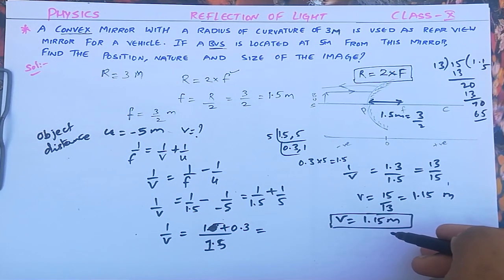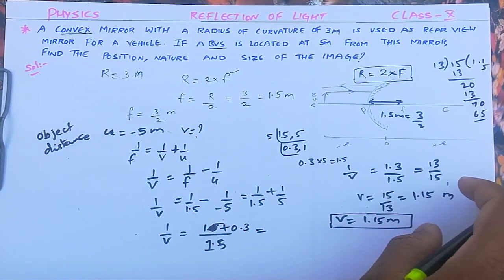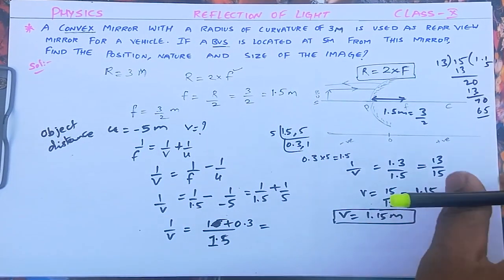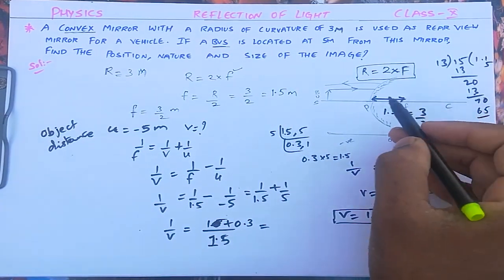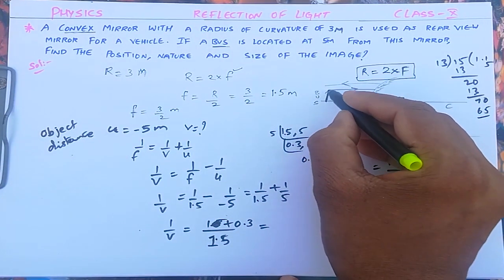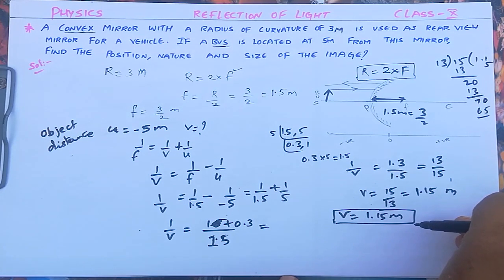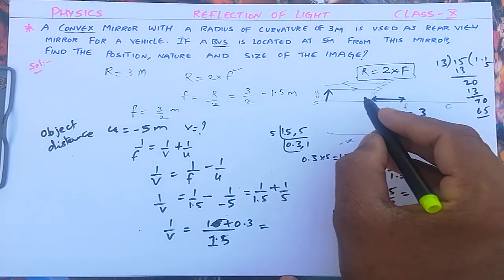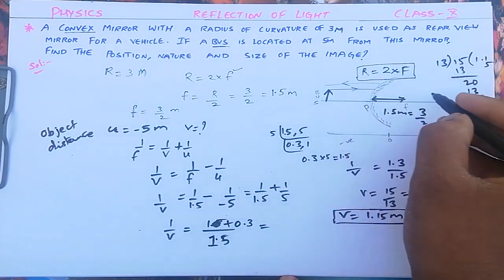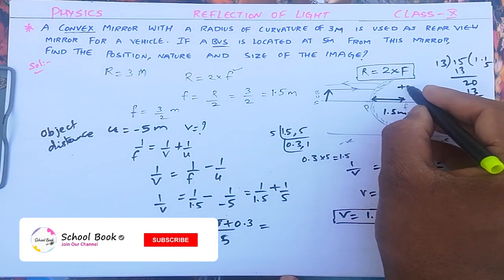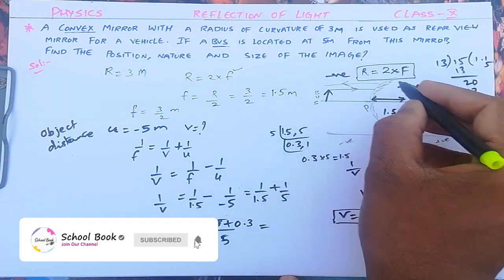The image is at 1.15 meters. What about the size and nature? So where the image forms, this is the object. Here, if the object is placed, the image we got is a positive value. Positive value means behind the mirror. So behind the mirror, this side will be positive and this side will be negative if you measure.